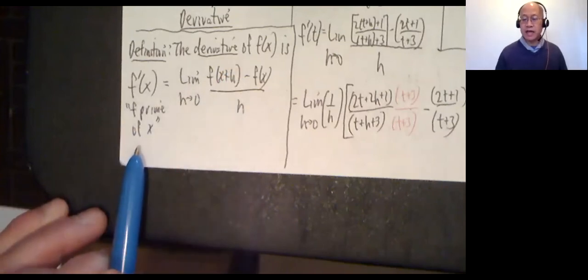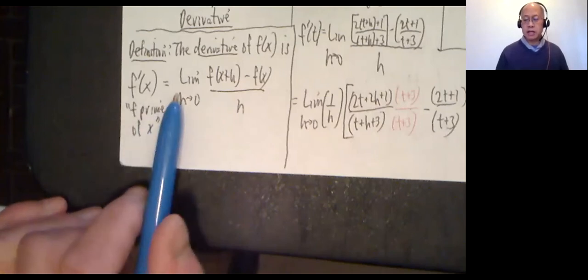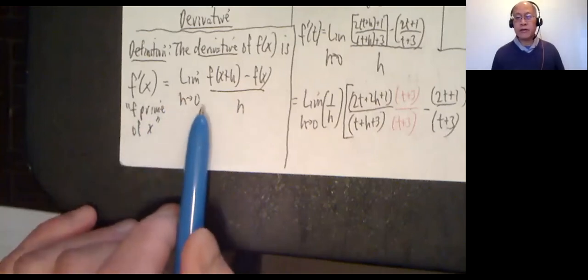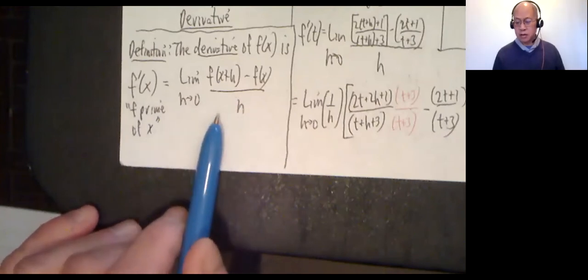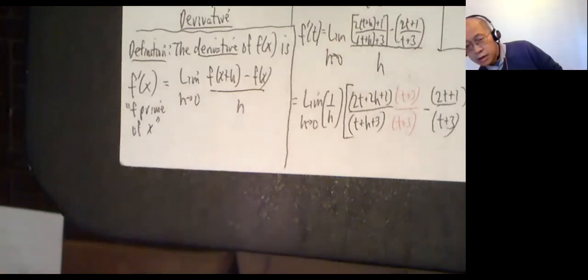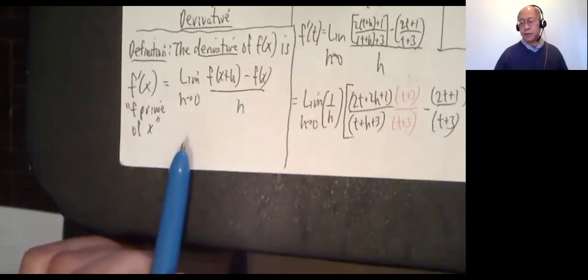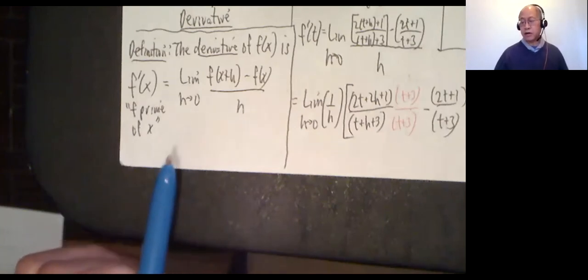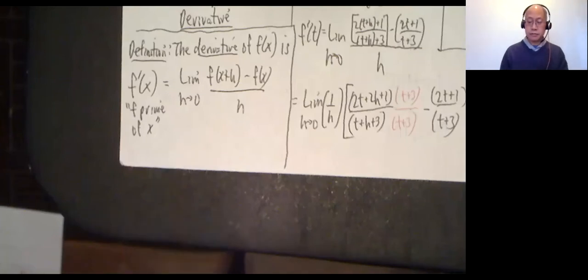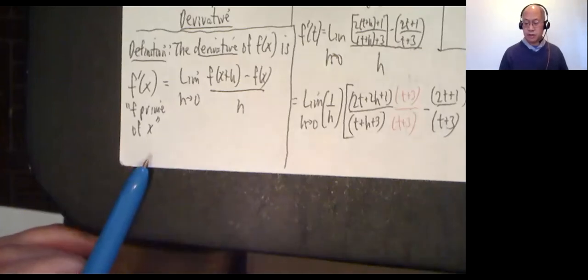So the way we say it is f prime of x. And there it is, limit as h approaches 0 of f of x plus h minus f of x all over h. Okay, so that's what you're going to be using. Don't use any of the other definitions, although they're correct. What Mr. Stewart has is correct, but you don't really need them. You can survive with just this.